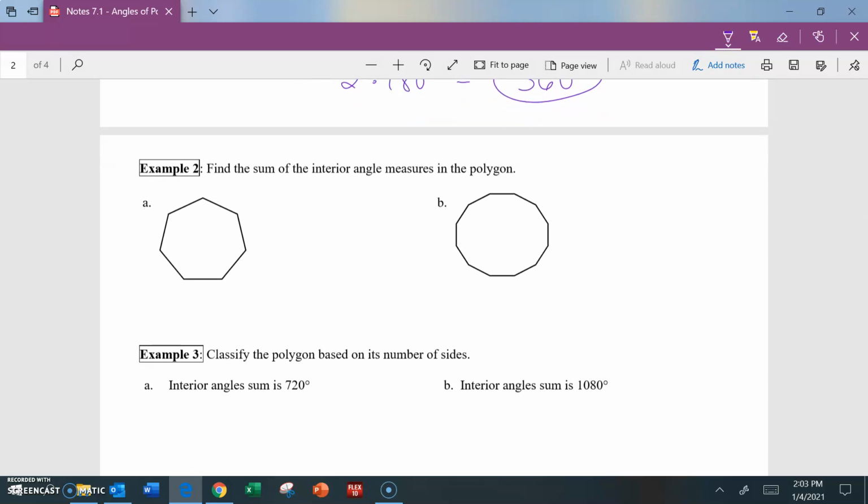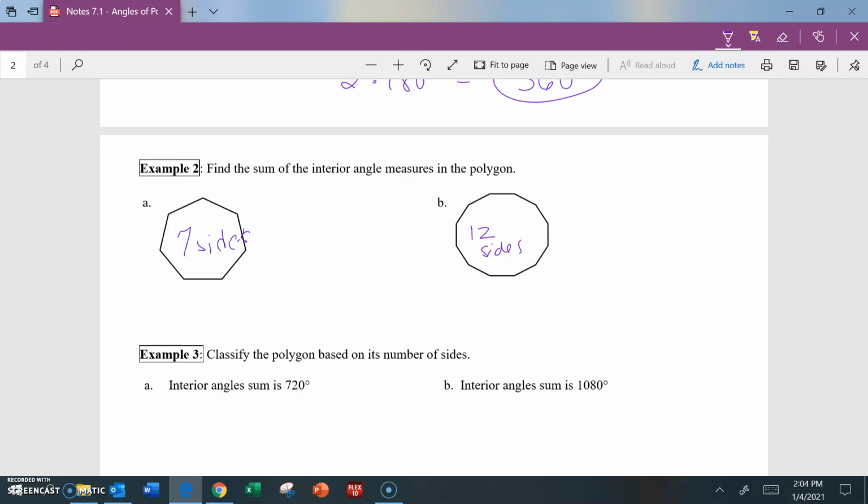Our next examples, for A and B, if we count the number of sides for A, this has 7 sides. And if we go ahead and count for B, we have 12 sides. And you'll be looking at specific names. Anything past really a decagon, which is 10 sides, we just really say, oh, it's a 12-sided polygon.